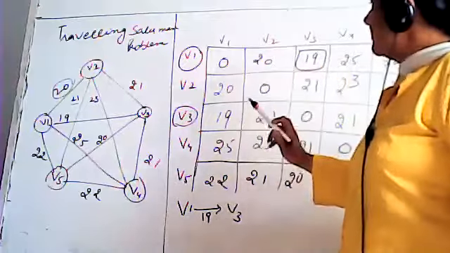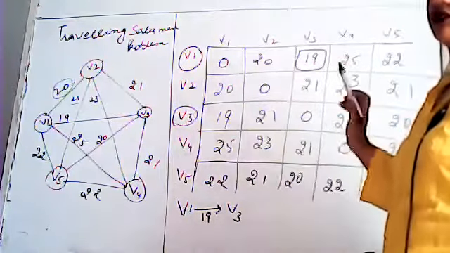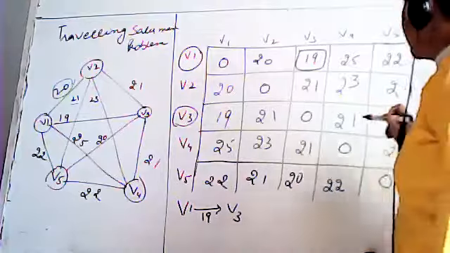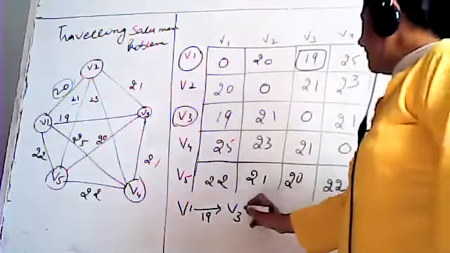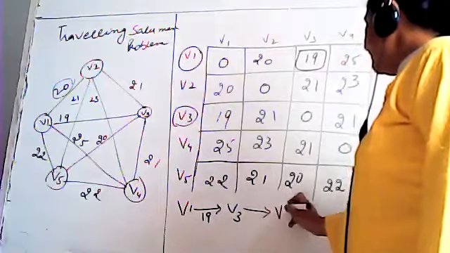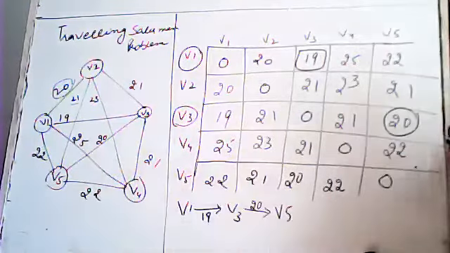V1 to V3 is 19 and V3 to V1 is also 19 because directions are not given. Now you will consider the second smallest value, that is 20. From V3 to V5, it will be how much? 20. Got it? Yes or no?